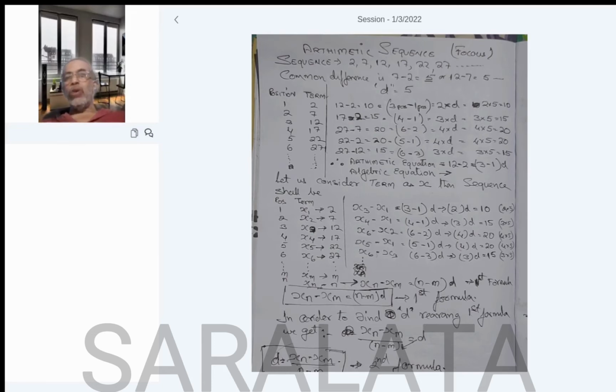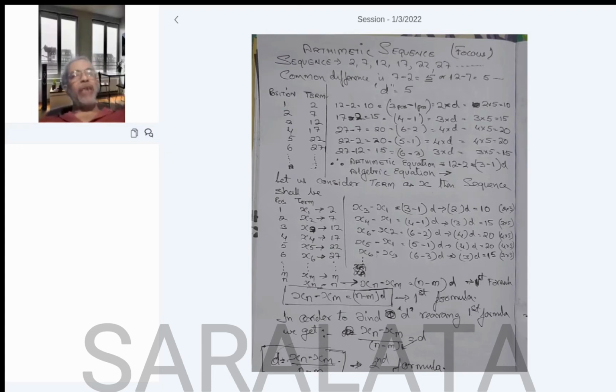Now, in short, the first formula for the algebraic sequence that we get over here is x3 minus x1 is equal to 3 minus 1 into D. Now, instead of 3 and 1, if I don't know what the value of the positions is, let us put xn minus xm, where I have no answer, where I do not know what the value is.